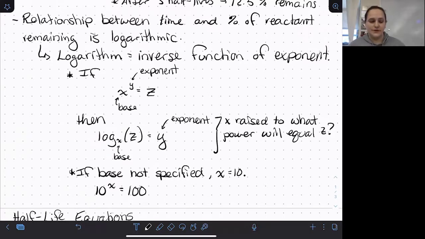This one is relatively straightforward. 10 to the x equals 100. You could probably solve for x just by looking at this, and you know that 10 squared is 100. 10 times 10 is 100. The way you would solve this in, say, your calculator is using a logarithm. If you find the log button on your calculator and put in log 100, that is solving for x here.